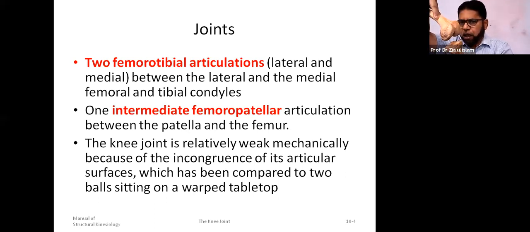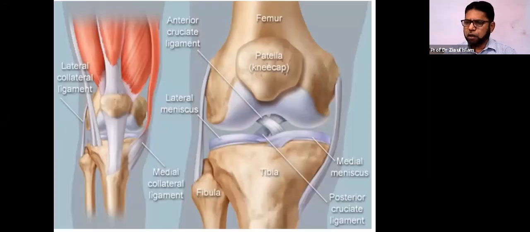So mechanically it's a weak joint because of the incongruence of the articular surfaces of both bones, that is the femur and the tibia. They compared it to a ball on a tabletop. So it is not a mechanically stable joint. Now in this diagram you can easily see what I want to show you with the live bone.